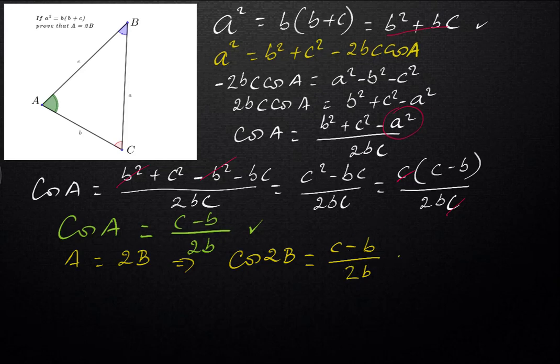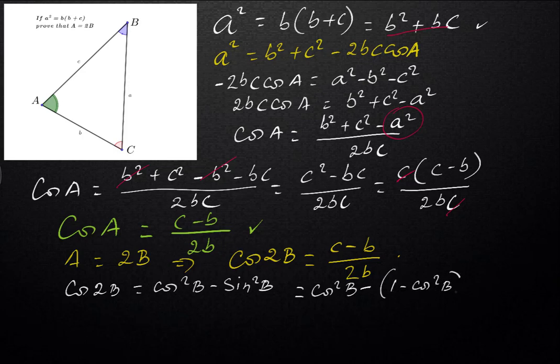And to get that, we go to our formula saying cosine 2b is equal to cosine squared b minus sine squared b, and we can also say it is cosine squared b minus the value of 1 minus cosine squared b, right? And that gives us cosine 2b is equal to 2 times cosine squared b minus 1. Alright, so we have that.